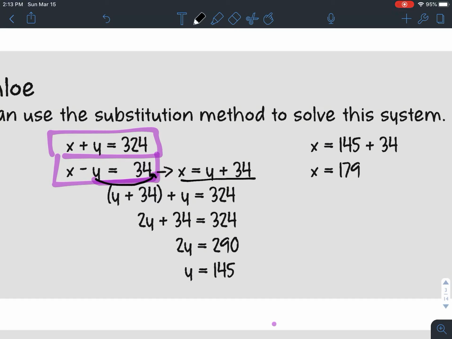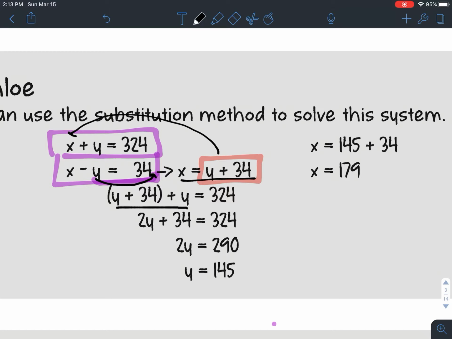Next, she substitutes, so she takes what's here in the red box, and substitutes it in for X like this. So instead of having X plus Y, it is now Y plus 34 plus Y, which is right there. A little confusing, but going through it's not too bad.